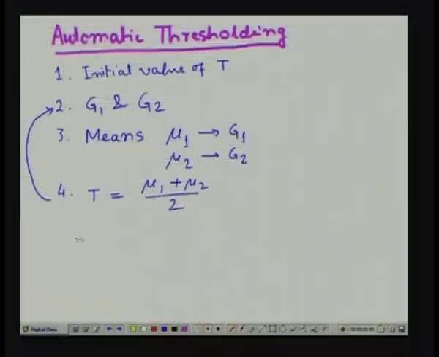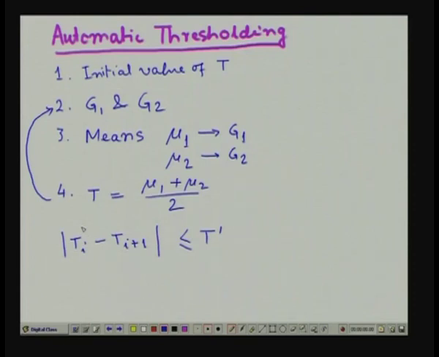So, this operation has to continue until you find that the threshold value in the ith iteration, t i, and in the (i plus 1)th iteration, t i plus 1, differ by an amount less than or equal to some pre-specified value, say t prime. When I attain this condition, I stop my thresholding operation.